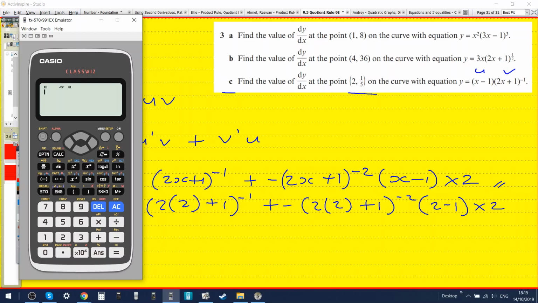Even simpler than that, shift dy dx. And then you just put in the thing. So bracket x minus 1, bracket 2x plus 1.